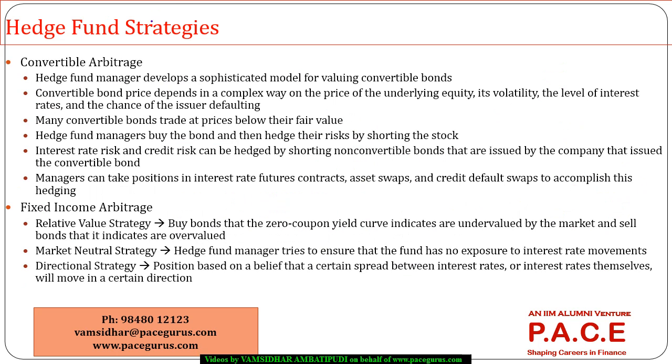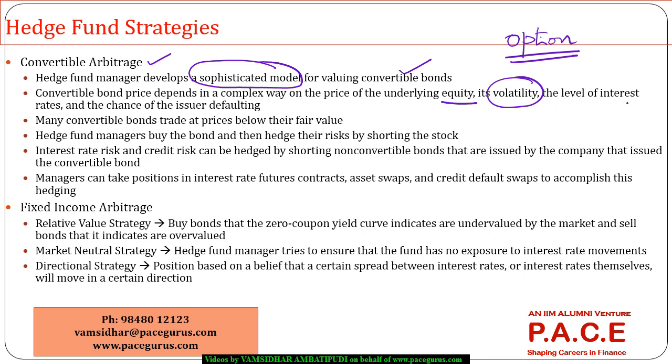Similarly, there could be a strategy associated with convertible arbitrage. Hedge funds develop sophisticated models for valuing convertible bonds. Convertible bond pricing is a very complicated process because, depending on how the underlying stock price changes, the bond may be converted into equity. So option pricing and option valuation come into the picture. The volatility of the underlying stock, the interest rates, and various other parameters are considered to understand the price of a convertible bond.